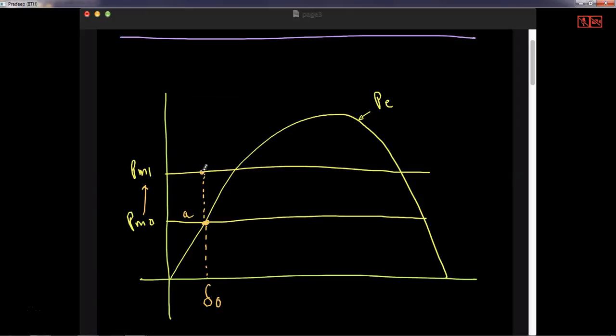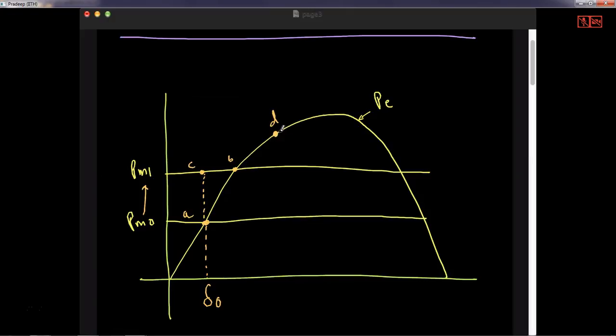My mechanical power is more, electrical power is less, so the machine will accelerate, and point A will move towards the right side. But it will overshoot and go up to a point. Let's call this point D. This point is A, in between it will go through point B, and this point is C.